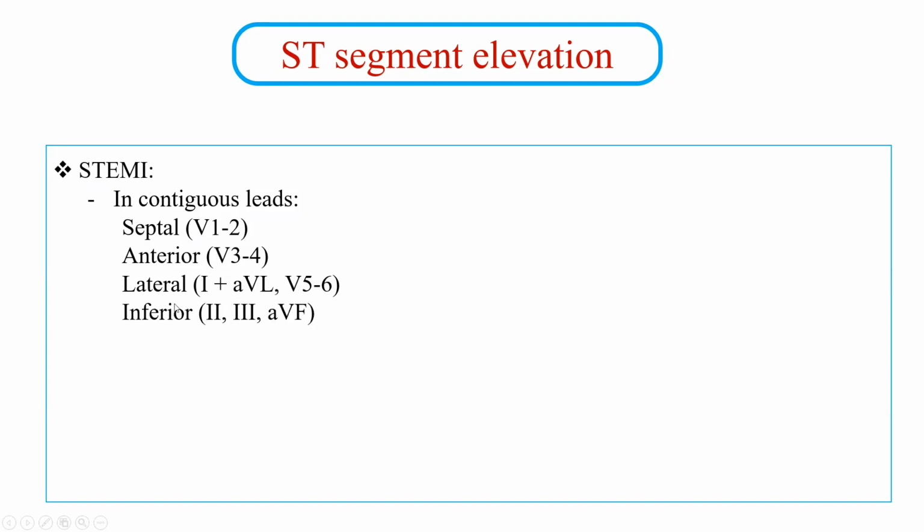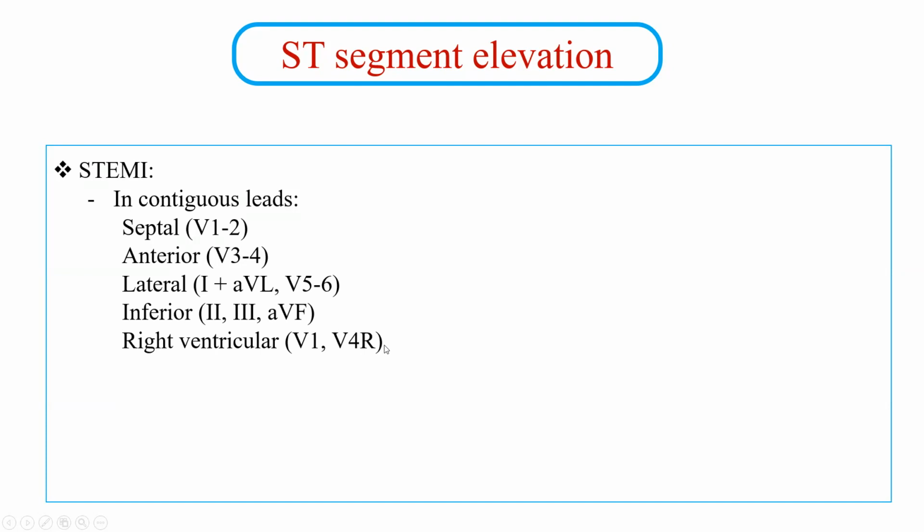Inferior leads are very important. Leads 2, 3, and AVF look at the heart from the inferior wall. And the right ventricle: sometimes, if we suspect that the patient has right ventricular infarction, we place a new lead called V4R, which is the same as V4 but placed on the right side at the 5th intercostal space.